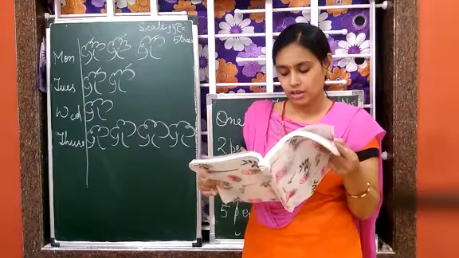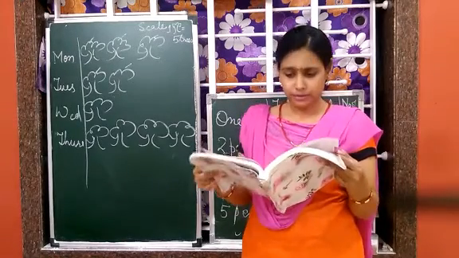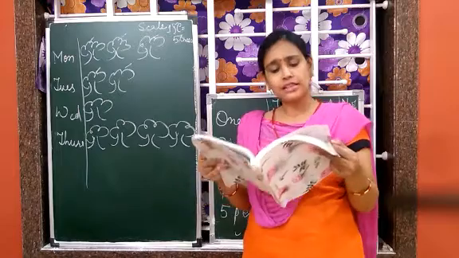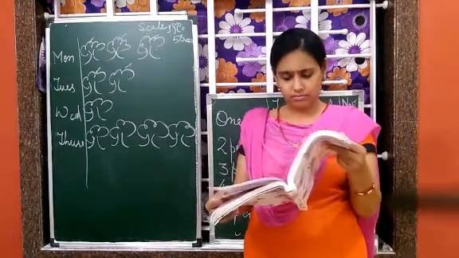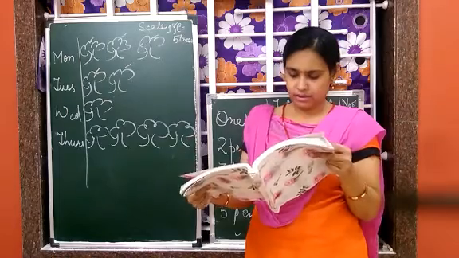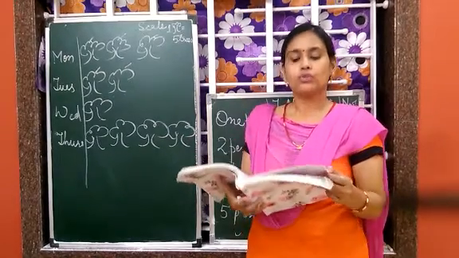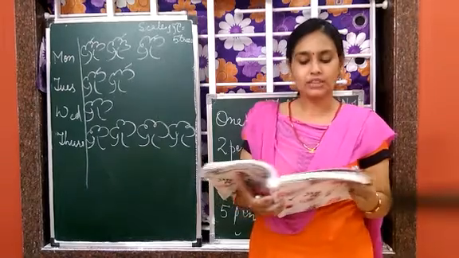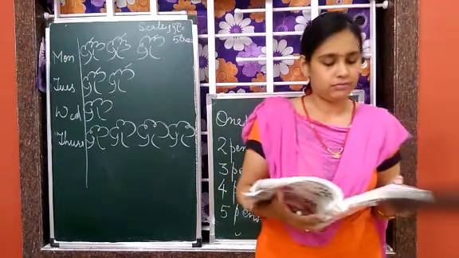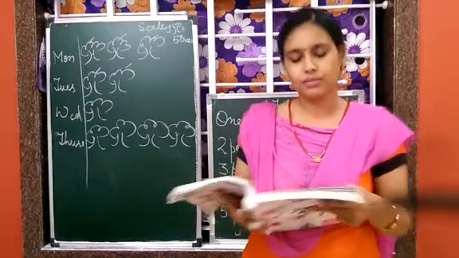Dussehra is coming, so you can have your Dussehra holiday homework. Just go through these examples. Example 3, 4, 5, 6. Okay, 3, 4, 5, 6. There are 3, 4 examples. Please go through these examples and please try to solve them. If you have any confusion, you can ask me.